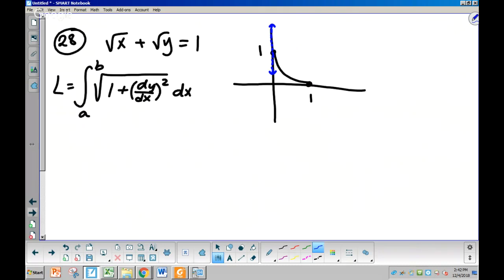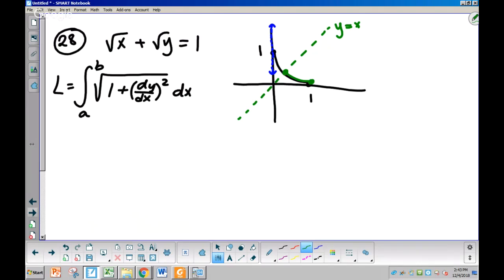But it's looking pretty symmetrical, yes? So we could use y equal x and figure out what this point is, and then do 2 times this distance and find out what that one is, right? So if you have a place where the derivative doesn't exist, you can't use it as one of your limits of integration.